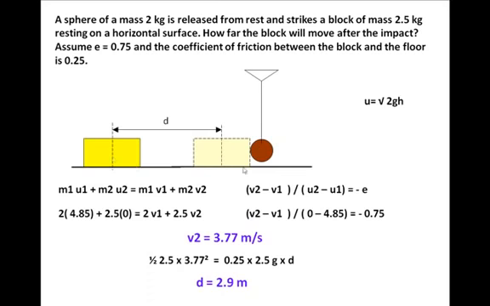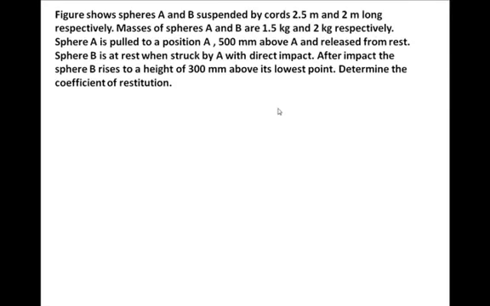That's what was asked. Look at one more problem, which says the figure shows spheres A and B suspended by cords 2.5 meters and 2 meters long respectively. The masses of spheres A and B are 1.5 kg and 2 kg respectively.